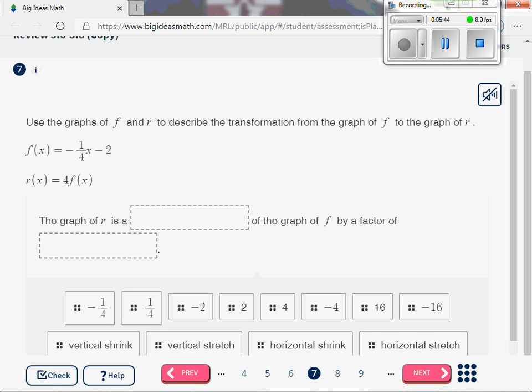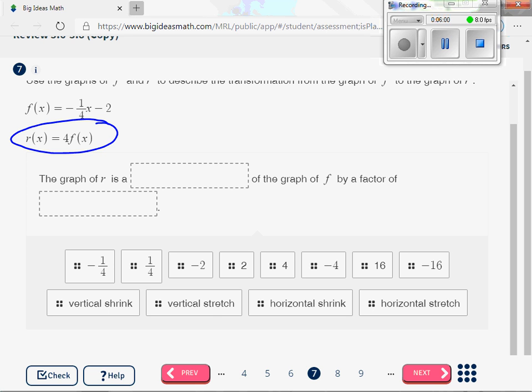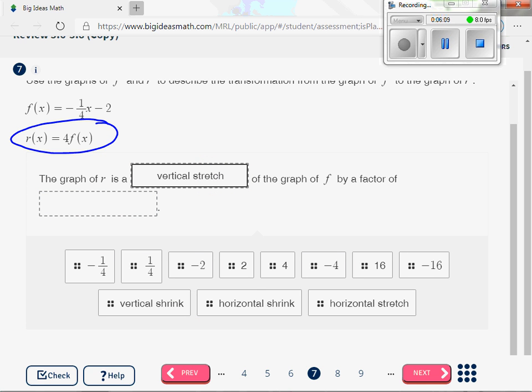Okay, guys, let's look at this next one here. So we're looking to see what happens. Our new function is this here, 4 times f of x. If I have a number being multiplied outside the function, we're talking about a vertical stretch or shrink. This here would be a stretch, and it is greater than 1.